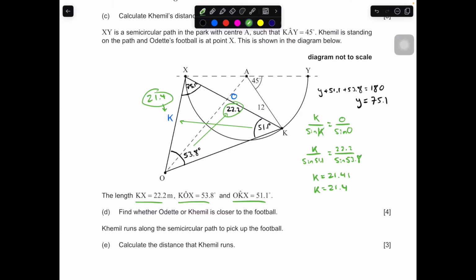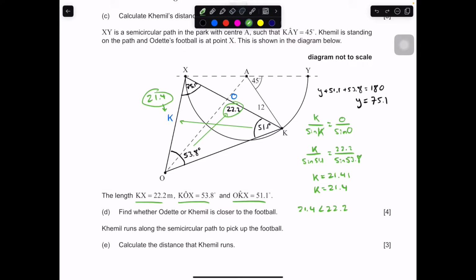What can we say? 21.4 is less than 22.2. And if you want to get very fancy, you could say therefore, or let's just write it out in words. Therefore, Camille is closer. Oh, I'm sorry.